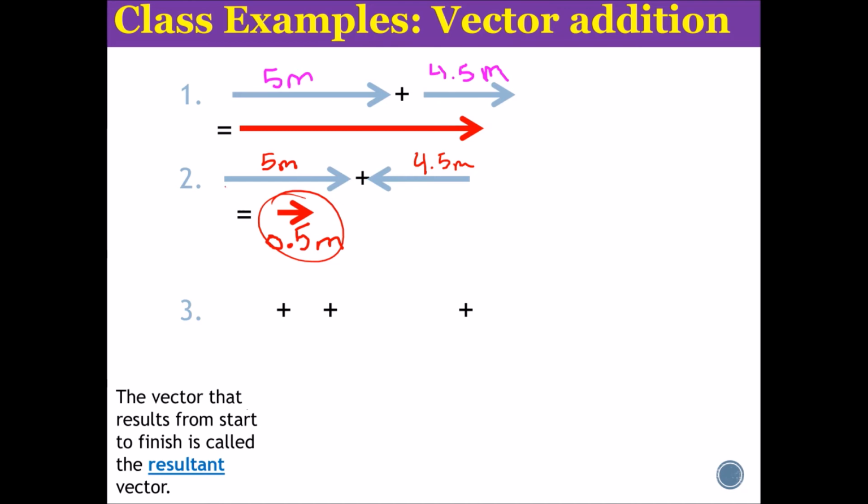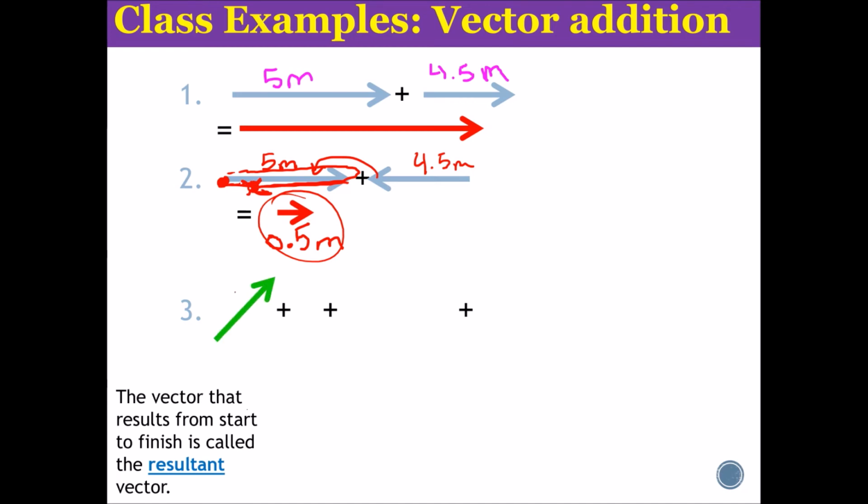The resultant vector is the vector that results from start to finish. So if I were to overlap this vector with this one, this would be my starting point, this would be my end point for an object that traveled 5 meters to the right and 4.5 meters to the left. So the final displacement is 0.5 meters to the right of the origin.